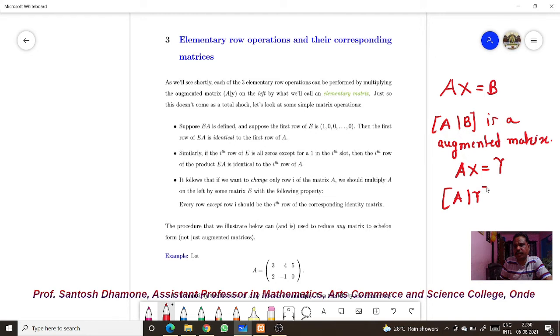Suppose E into A is defined and suppose the first row of E is 1 0 0 up to 0.